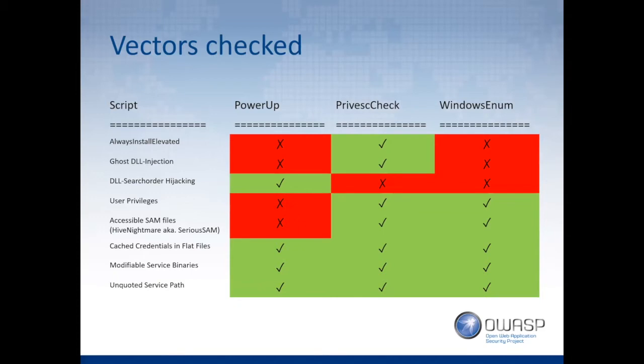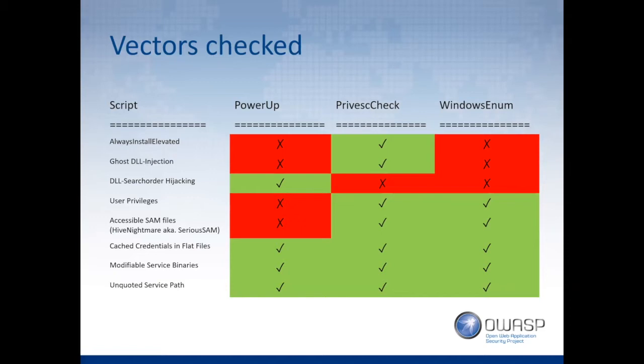Besides the DLL hijacking, checking for user privileges is also quite interesting. So, for instance, read or write access to important directories, and also in the light of recent Windows exploits, there was the Hive Nightmare, aka Serious Sam exploit that made quite a lot of noise on the internet in the last couple of weeks.